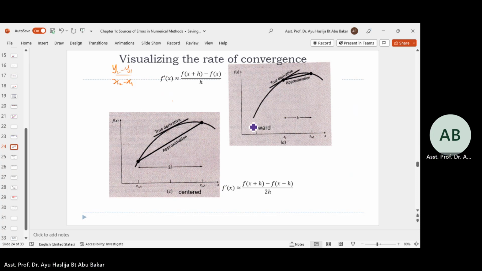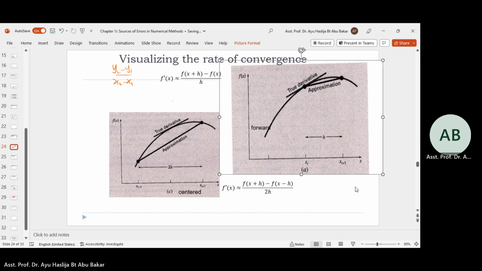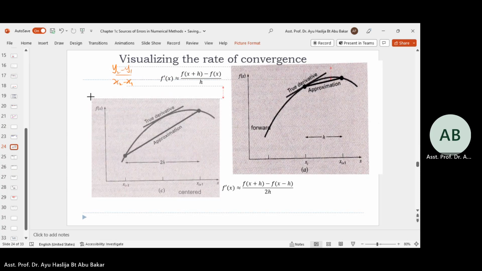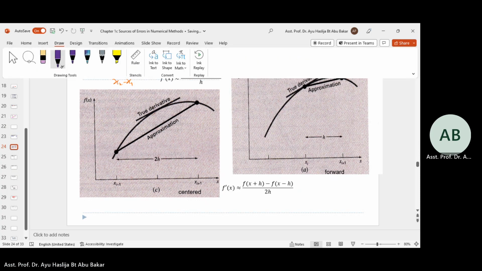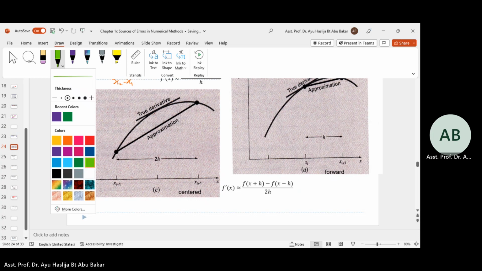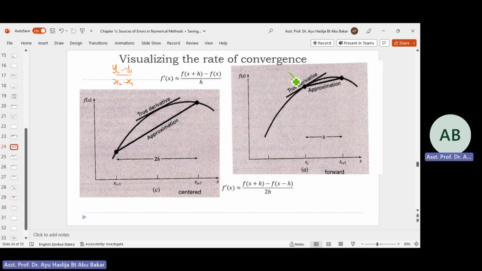Is it too small? Try to enlarge. Okay, so this is the true derivative for f(x). Now, moving forward, adding the step size, f(x i plus 1). So this is the forward approximation, moving forward.